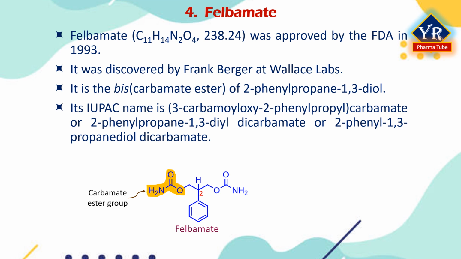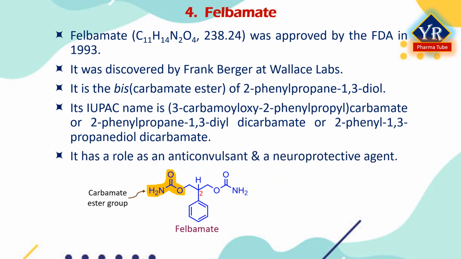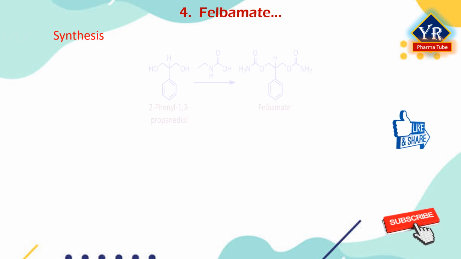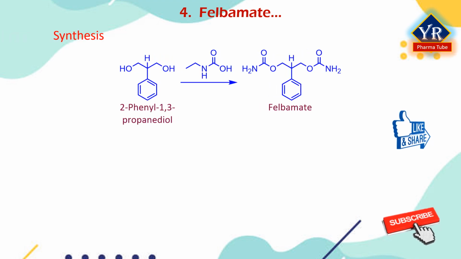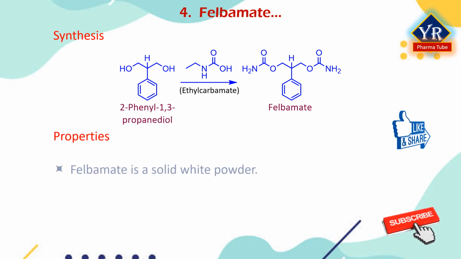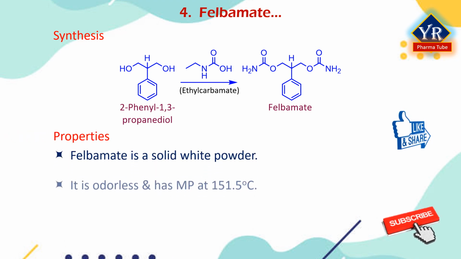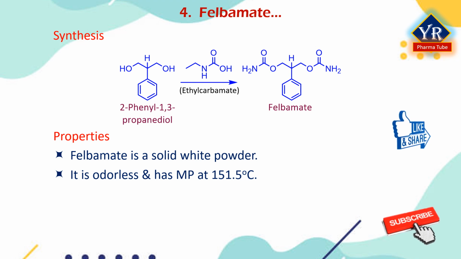It is structurally related to the sedative hypnotic drug meprobamate. It has a role as an anticonvulsant and a neuroprotective agent. Felbamate is synthesized by reacting 2-phenyl-1,3-propanediol with ethyl carbamate. Felbamate is a solid white powder. It is odorless and has a melting point at 151.5 degrees centigrade.